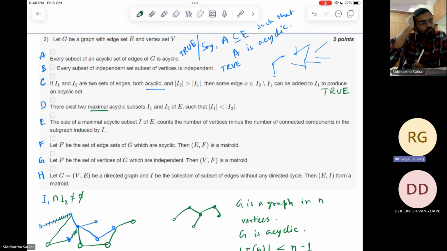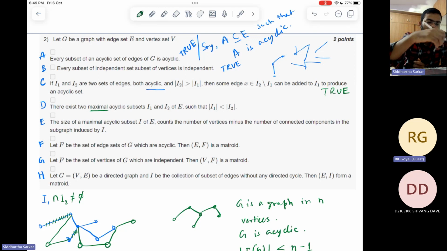Then n plus m is the total number of vertices, so there would be n plus m minus 2 edges, but in total there should be n plus m minus 1 edges, so at least one edge is remaining. Whatever is remaining will become part of I2.